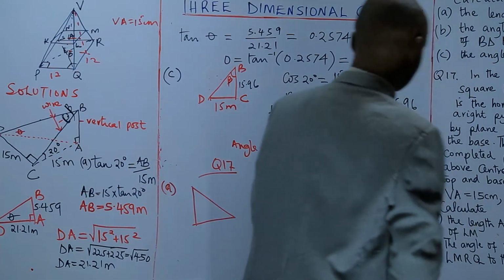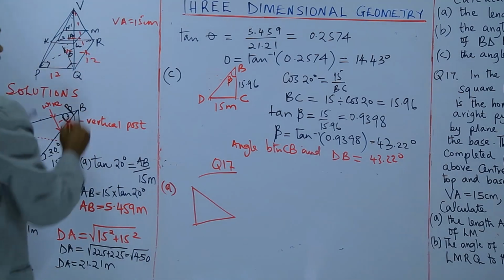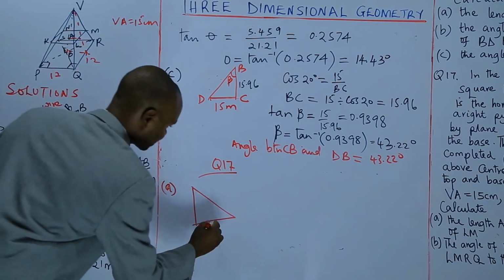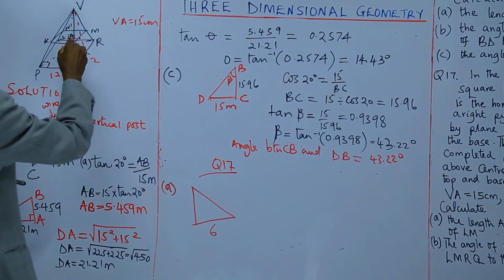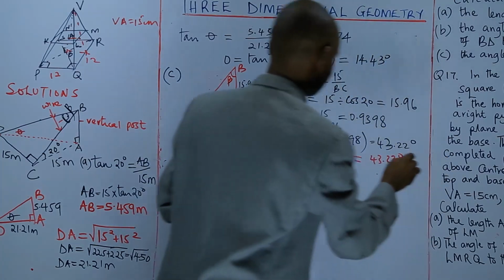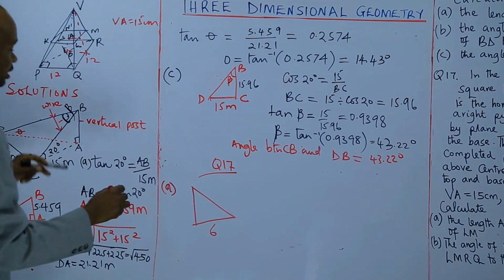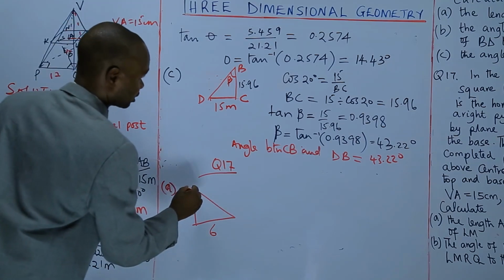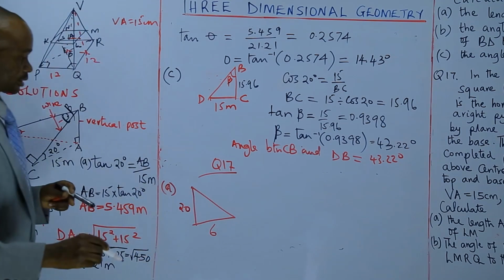Given that PQ is 12, half of PQ will be 6. We are given VA was 15 and AB is 5. So the whole of this, from the top of the vertex to the bottom, is 20.